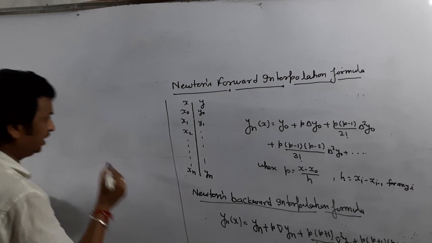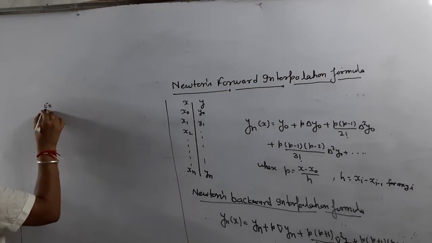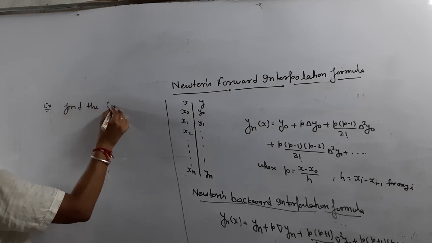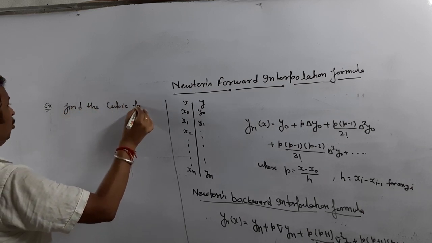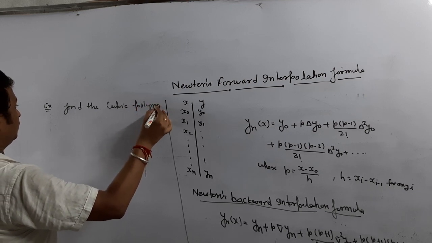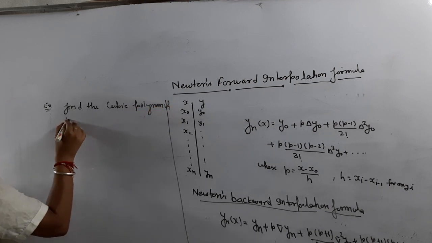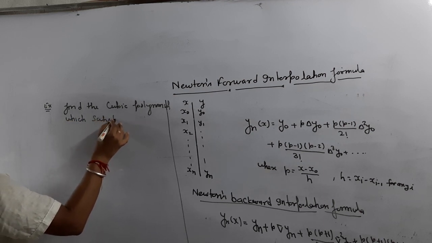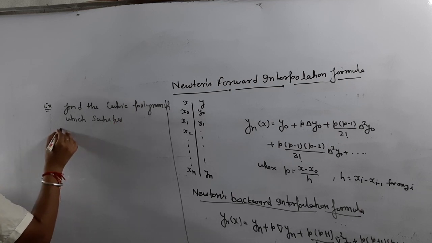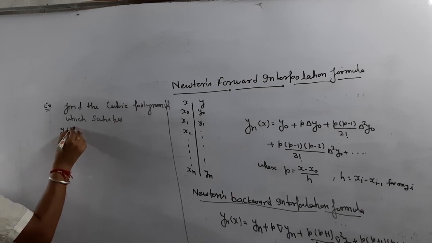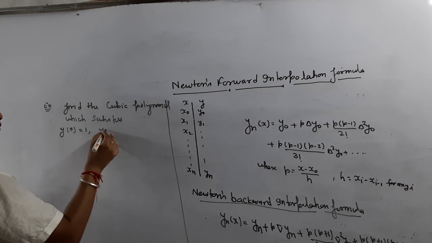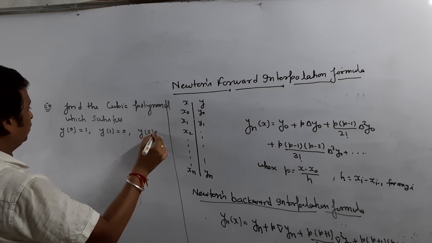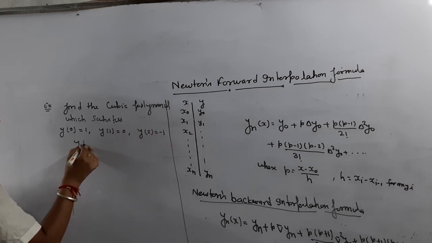The example is very easy. Find the cubic polynomial which satisfies y0 is 1, y1 is 0, y2 is minus 1, y3 is 10.